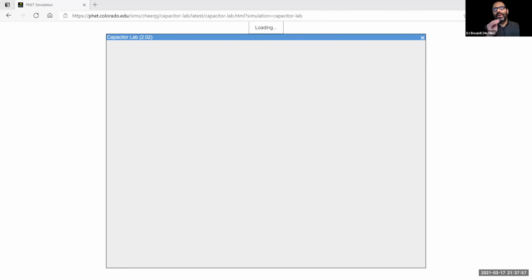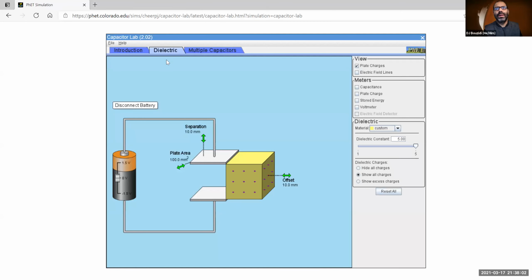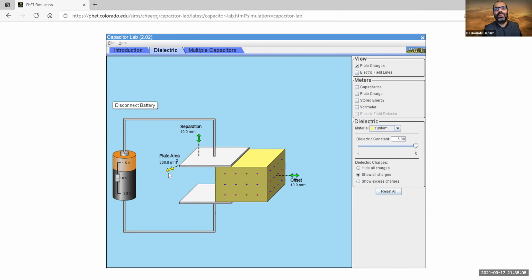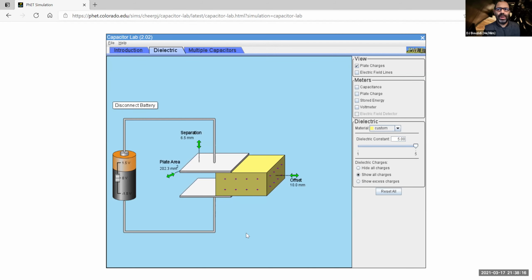And it's loading. Okay. So we're going to go to the dielectric now, to this component. This is basically what we're supposed to have. The area now needs to be anywhere between, say, 195, this is good enough. And the separation, what is the requirement for it?